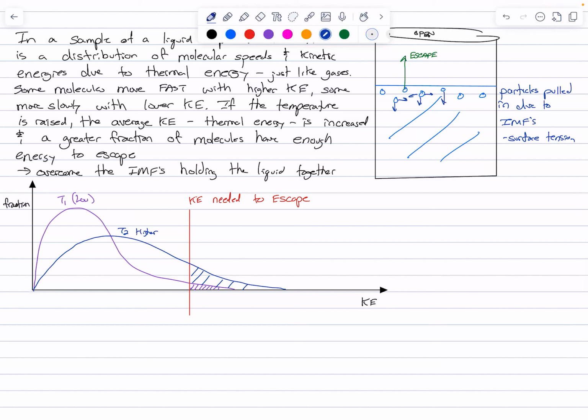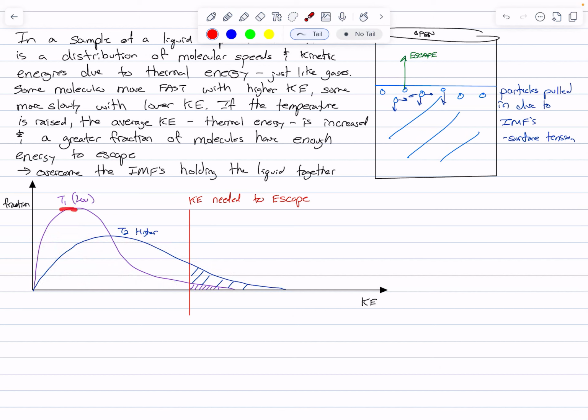And so the area, so this is a curve here, so to speak. That's the blue curve. The area underneath the blue curve represents all the molecules, okay? And the area over here, under the blue curve, is how much can escape. The area underneath the purple curve, the cooler one, the low temperature one, all that area is the total amount. And so the area under the purple curve should be the same as the area underneath the blue curve. I just shifted it. So I have the same number of particles, I just gave the whole sample more energy.